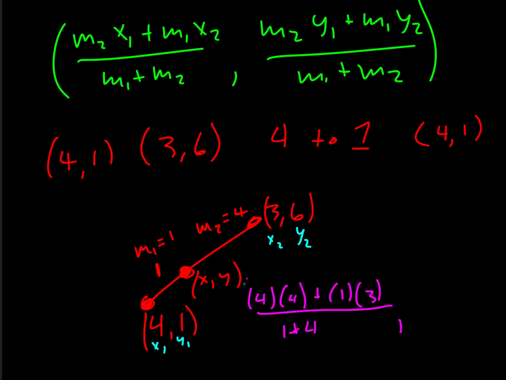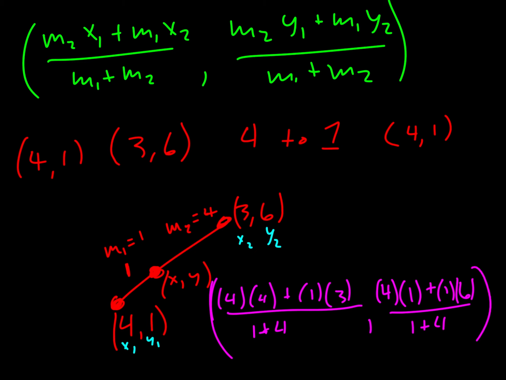And then I go to m2, y1. So m2 is 4, y1 is 1, and then m1 is 1, y2 is 6. And that's over 1 plus 4 as well.